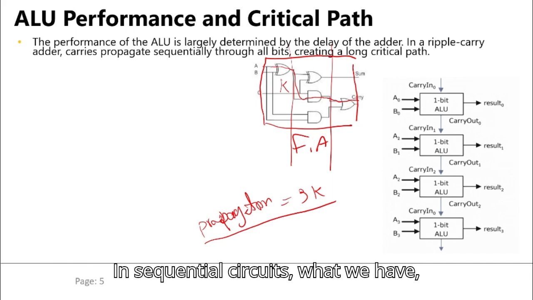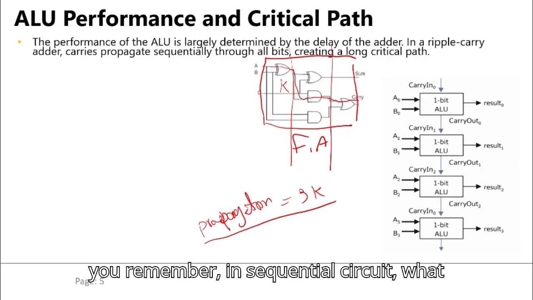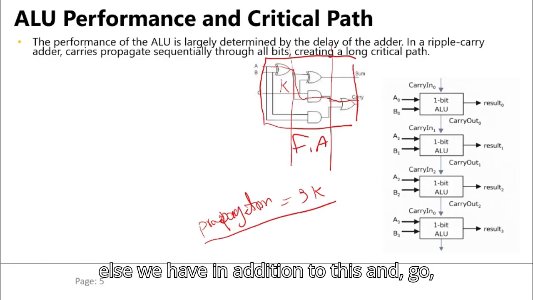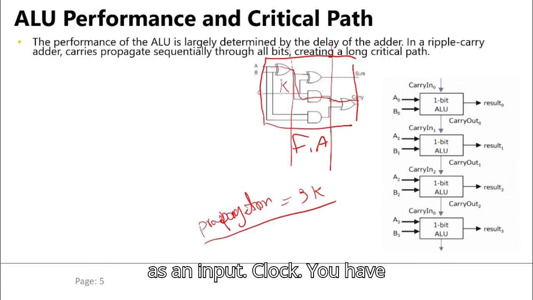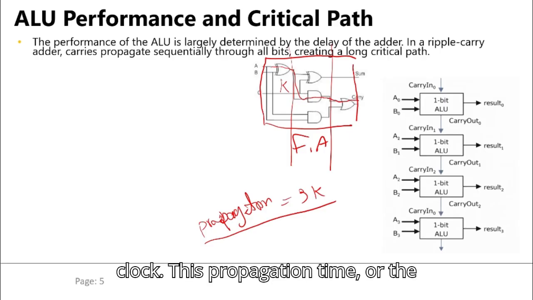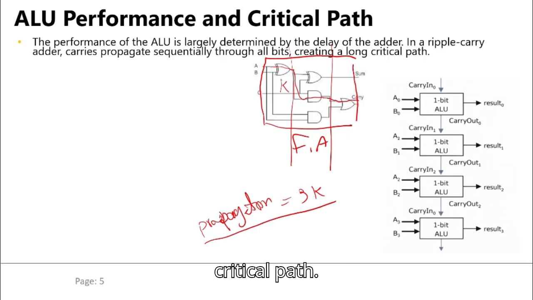In sequential circuits, what do we have in addition to AND, OR and so on? You have something else as an input: the clock. So this propagation time specifies the clock. The maximum propagation time is also called the critical path.